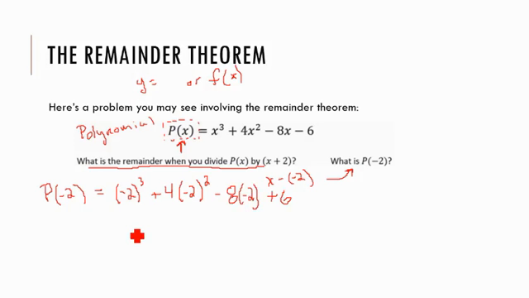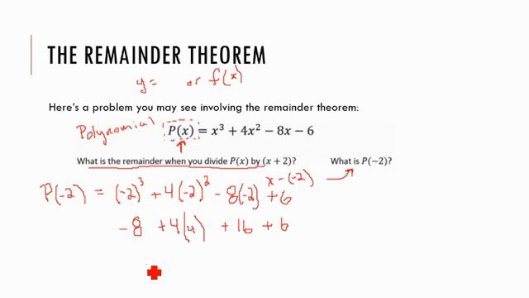If I solve this out, negative 2 cubed: negative 2 times negative 2 is positive 4, and positive 4 times negative 2 is negative 8. Plus 4 times negative 2 squared, which is 4, minus 8 times negative 2, which is going to be positive 16, plus 6.